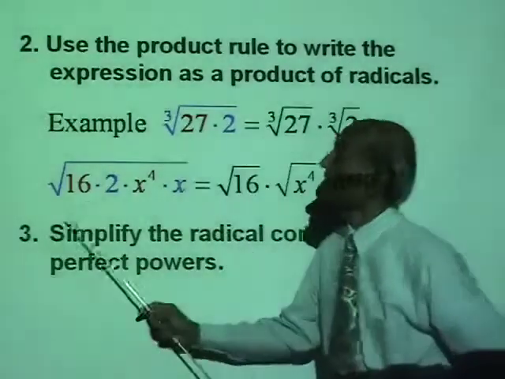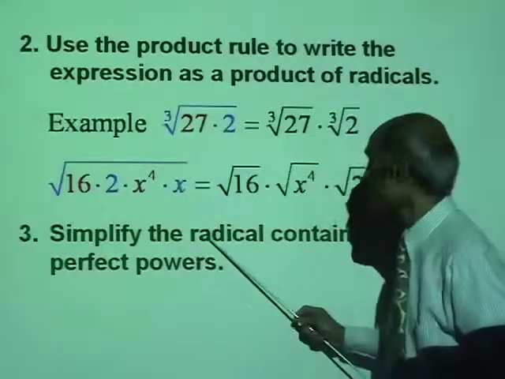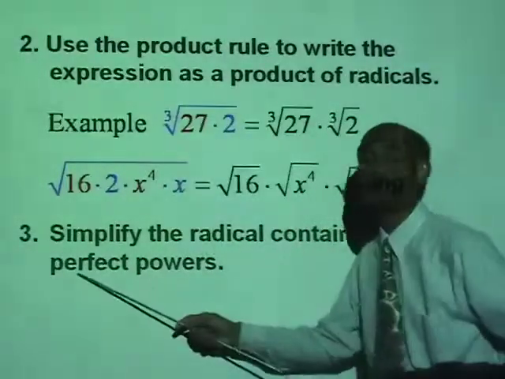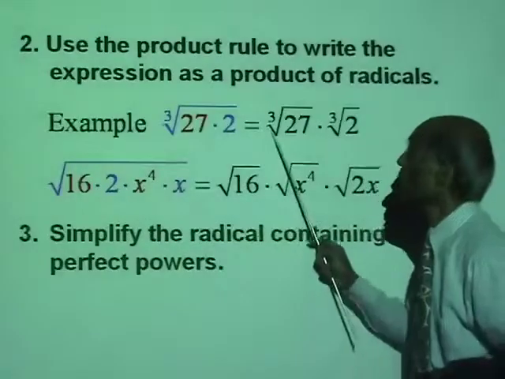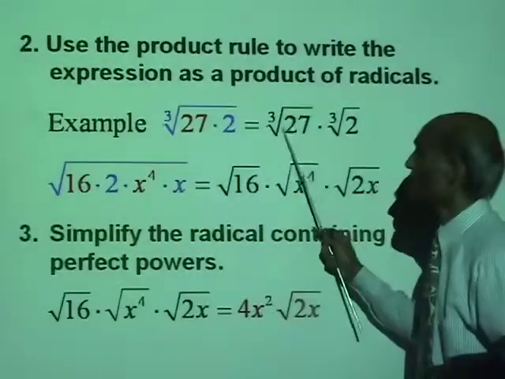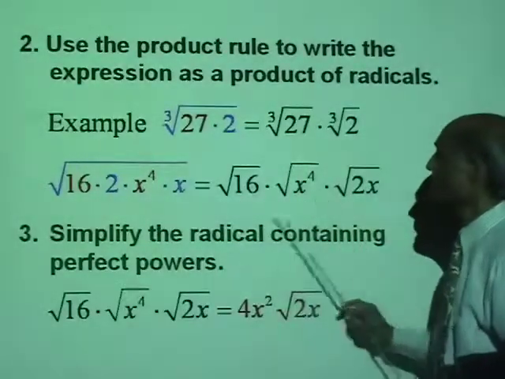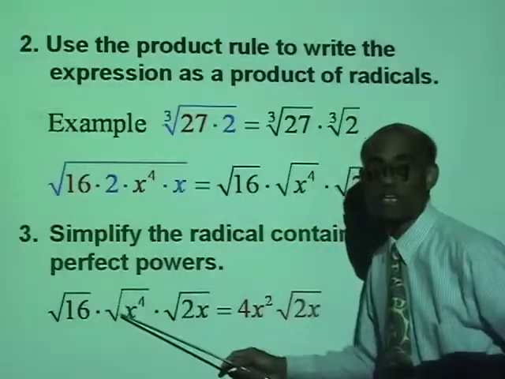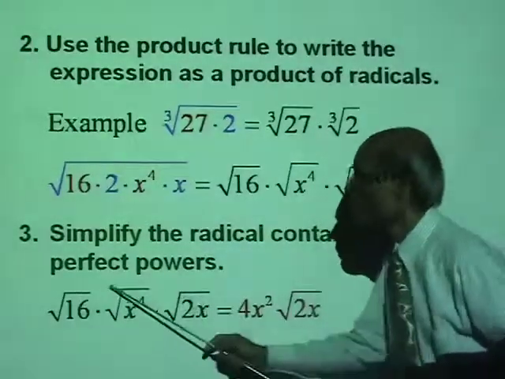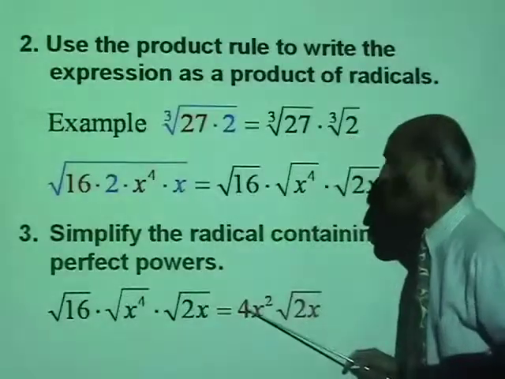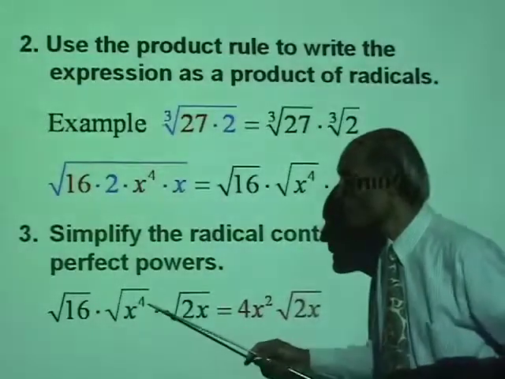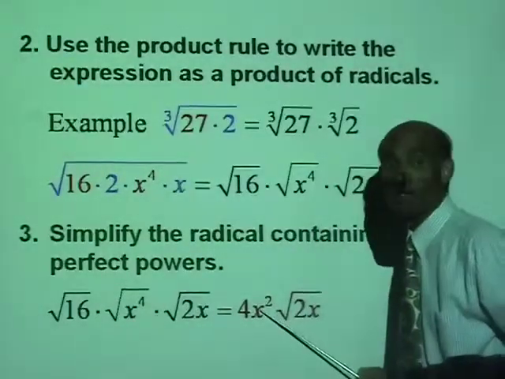Okay. Step 3, simplify the radicals containing the perfect powers. So if you simplify this now, square root 16 times square root x to the 4. Square root 16 is 4. Square root x to the 4 is x squared.